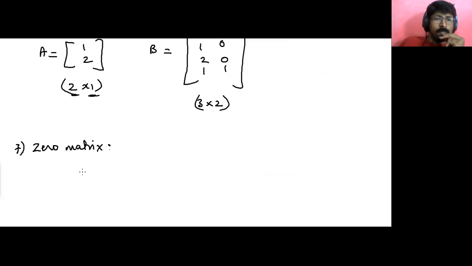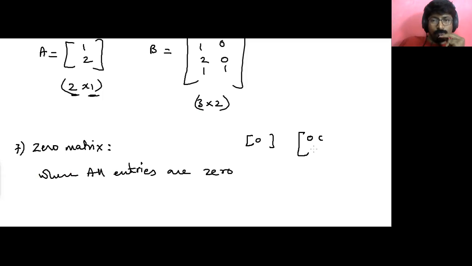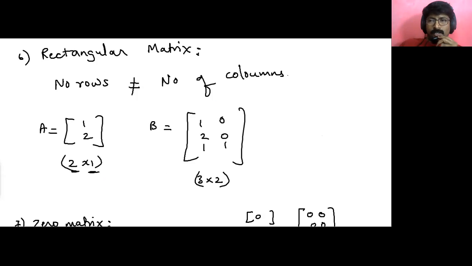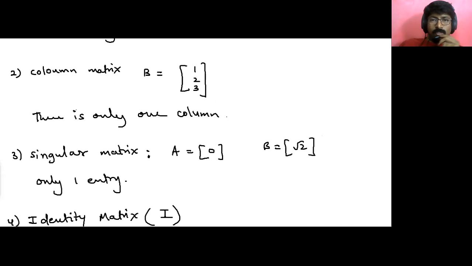A zero matrix is a matrix where all the entries are zero. All entries are zero, meaning it could be a single zero or several zeros like these. Are you understanding? These are called zero matrices. I hope you understood this topic perfectly. Any doubts or difficulties, do let me know immediately, guys.